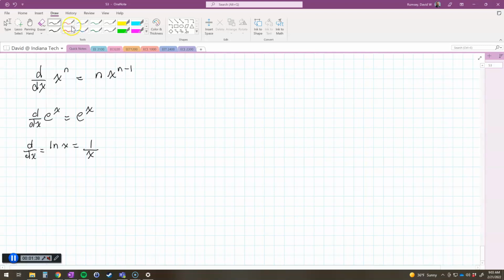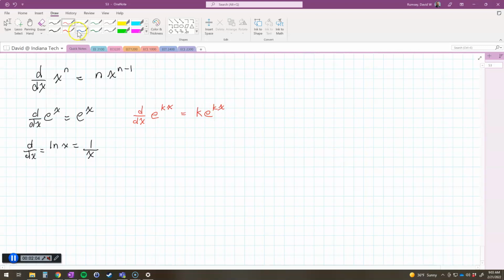Now I'm going to make one other additional rule here. Even though this really comes as a result from one of our special rules, it's one that we encounter so often that it's nice just to remember it offhand. The derivative of e to the kx is equal to k times e to the kx.